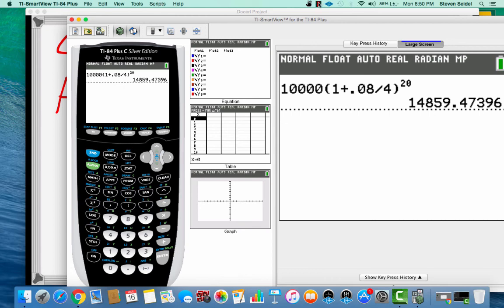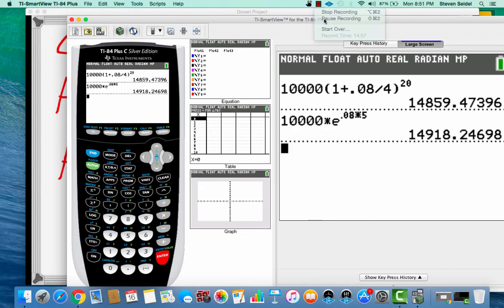Now, let's go to part B. Give me a second. I'll get it set up and go ahead and plug it into the calculator. Alright, so I punched it in, and I got the accumulated amount of $14,918.25 because you want to round to the nearest cent.